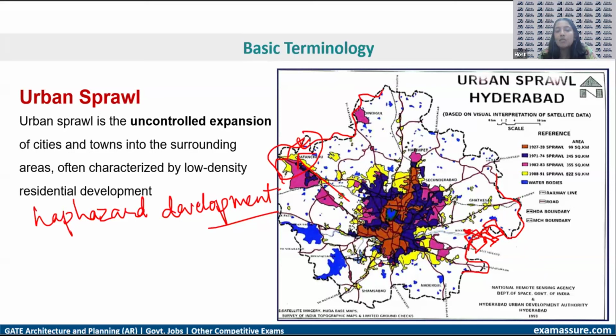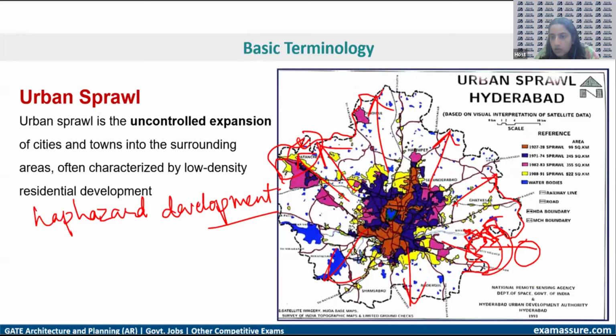And where is my sprawl happening? It is happening away from the city center. And that is why I say that your urban sprawl, that uncontrolled expansion or haphazard development, can also happen in your fringe areas. So even if this would also be a part of the fringe area, where it is a transition from your urban to agriculture or in-between space, right? Again, urban sprawl can happen there as well.